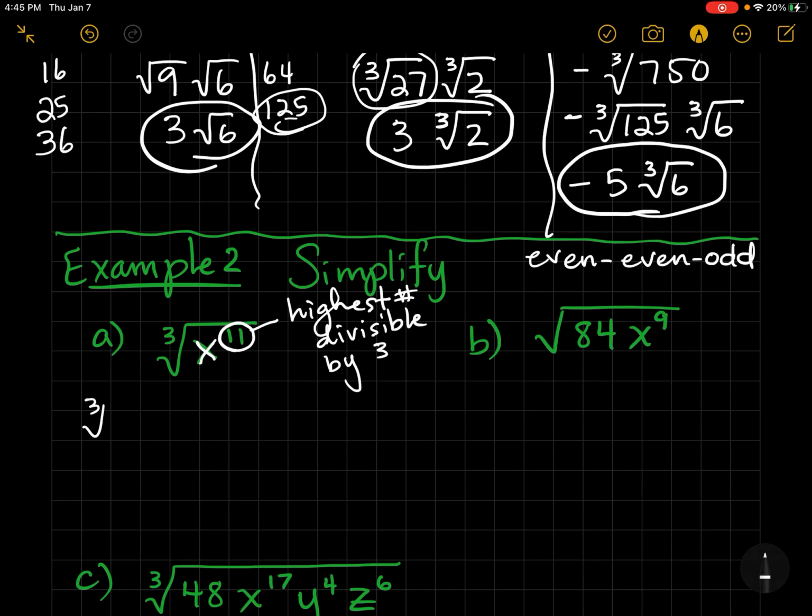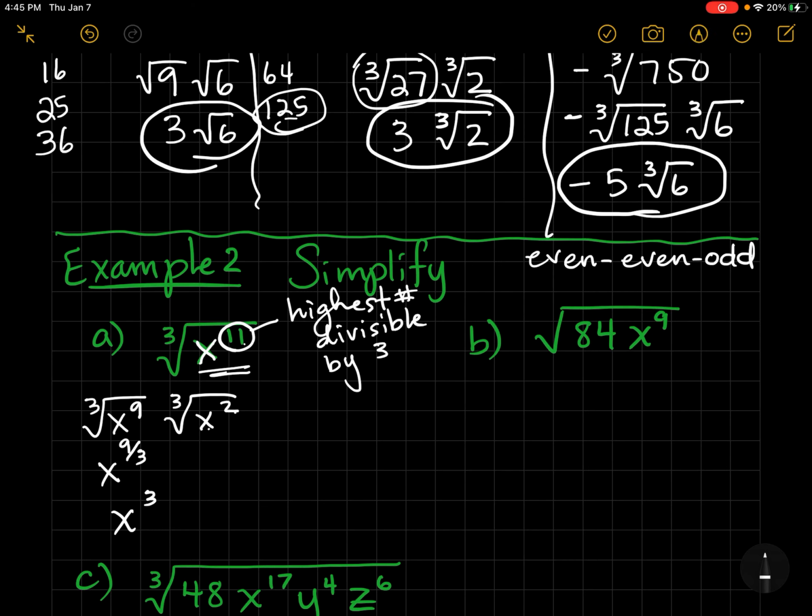So here we have the cube root of x to the 9th power, because 9 is divisible by 3, times the cube root, and we ask ourselves what's left. If you multiply x to the 9th times x squared, you get x to the 11th power. So now, when we do this, the radical is completely gone.